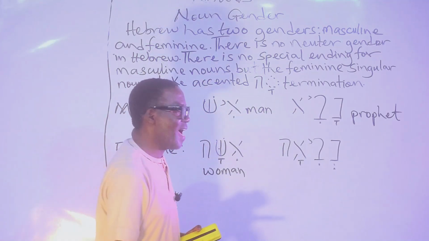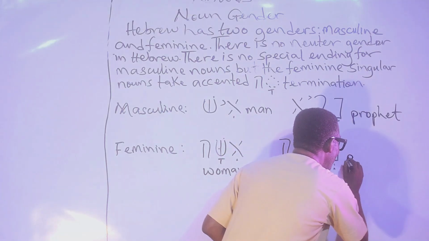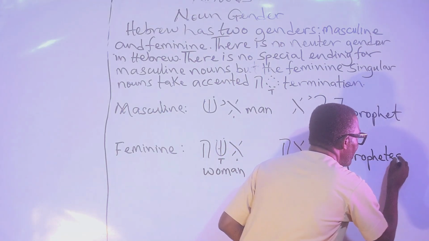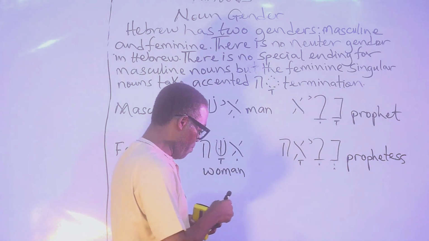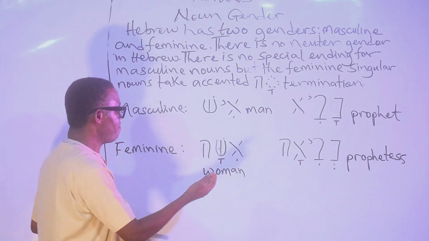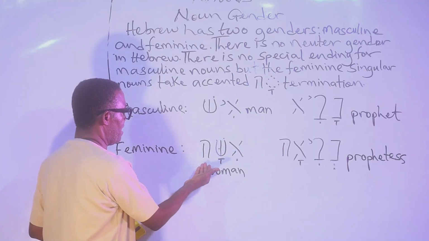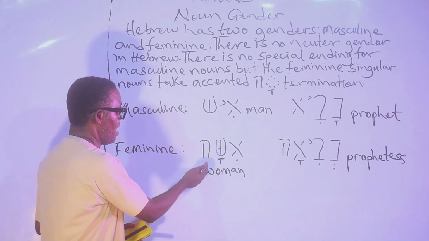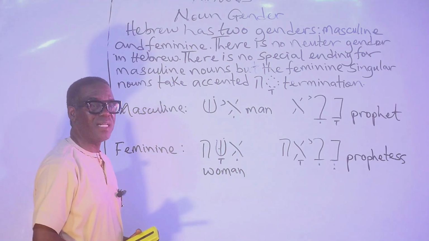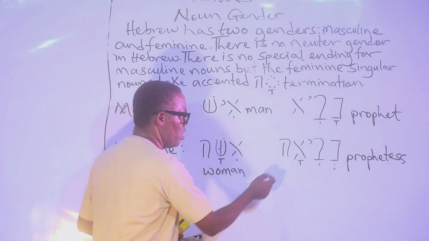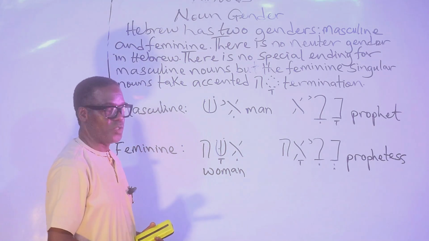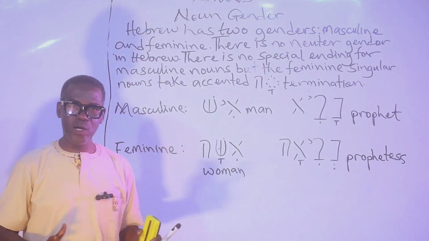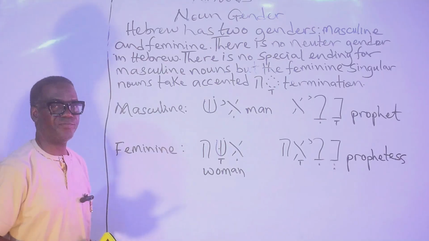Nebiah means prophetess, the Hebrew word for prophetess. So you can see that the feminine singular noun in Hebrew has the ah termination in the two words that we've chosen. So take note of this. There are some exceptions in Hebrew which we are going to consider next.